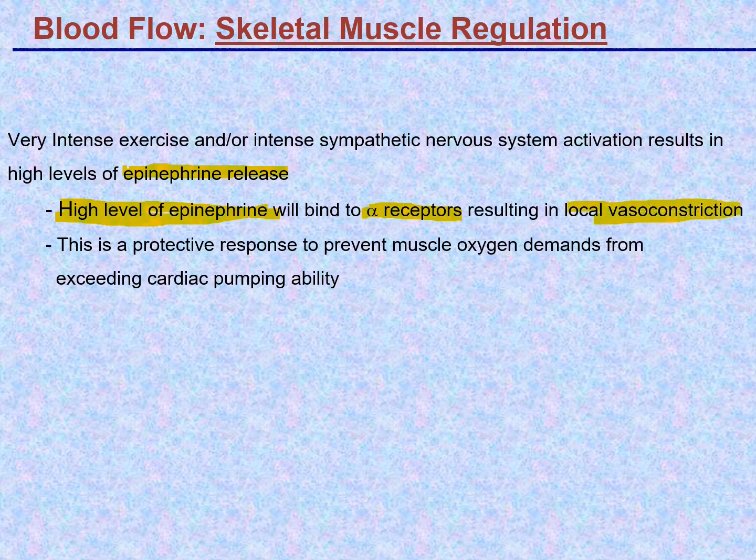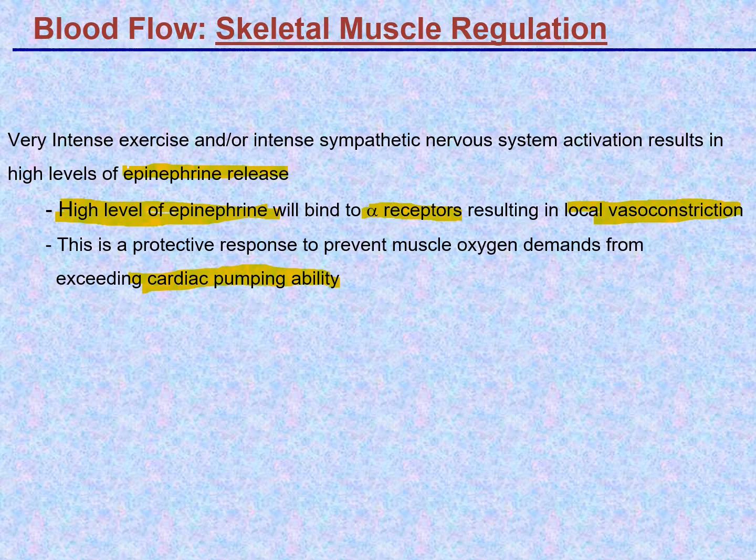And this is a protective response to prevent the muscle's activity and demand on oxygen from exceeding the cardiovascular ability to supply it. You don't want it to exceed the ability of the heart to pump out blood to provide adequate cardiac output, like going beyond the heart's ability.